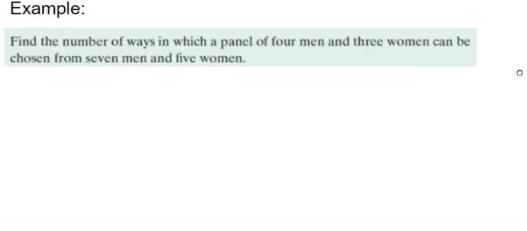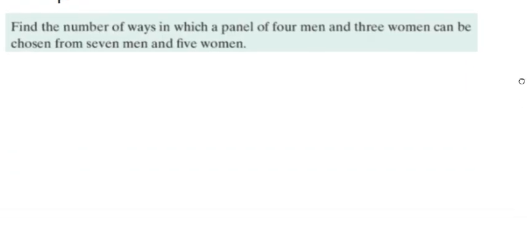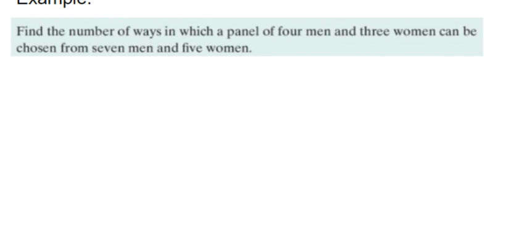Here's another example. Find the number of ways in which a panel of 4 men and 3 women can be chosen from 7 men and 5 women. If you just think of the men first, there's 7 men altogether, and we have to pick 4 men.